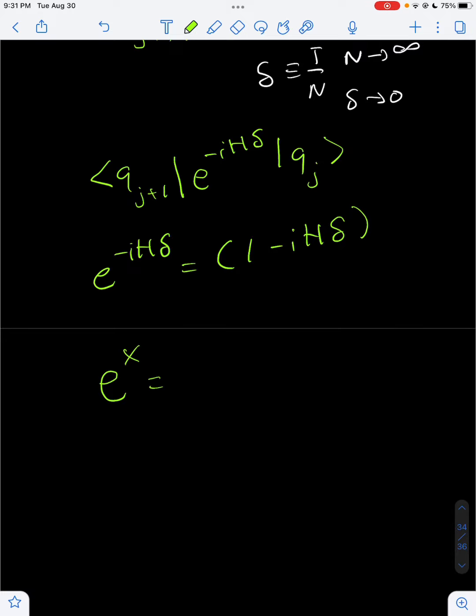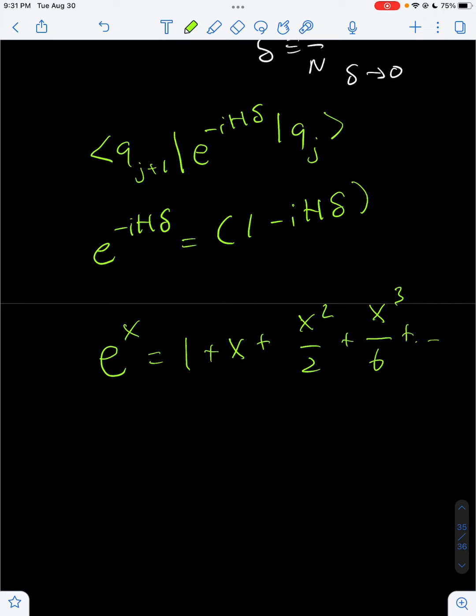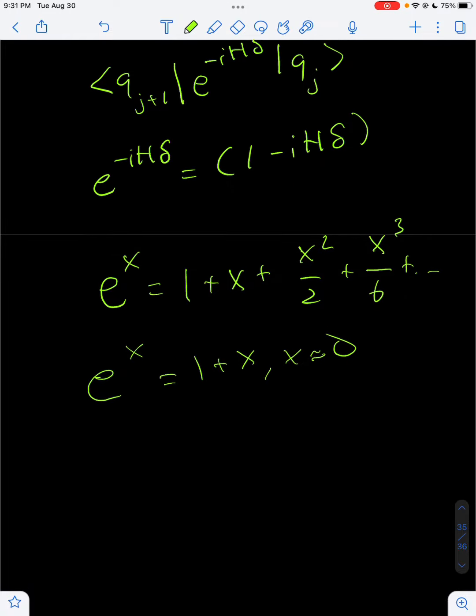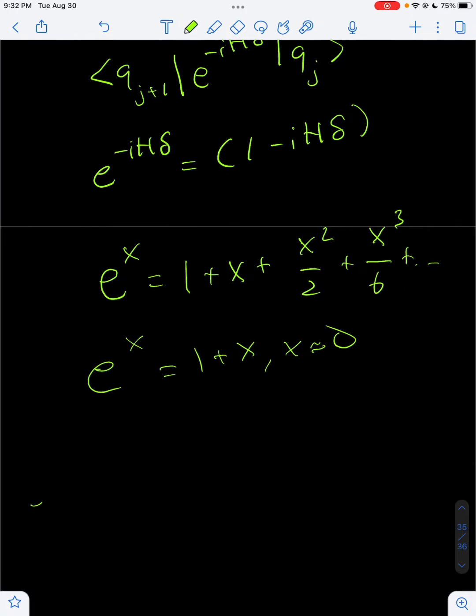The whole Taylor series is 1 plus x plus x squared over 2 plus x cubed over 6 and so on. But if x is really small, then e to the x is just 1 plus x if x is approximately 0.